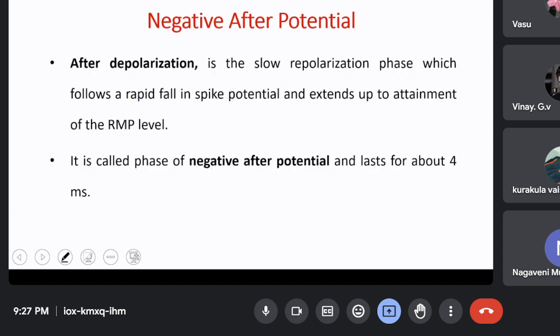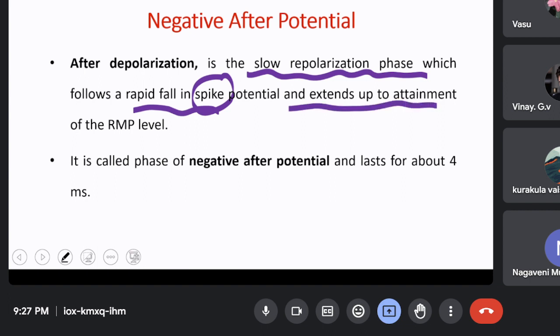After depolarization is the slow repolarization phase, which follows a rapid fall in spike potential. That means the action potential which reached its maximum height, the spike potential, and extends up to the attainment of the resting membrane potential level. It is called the negative after potential.